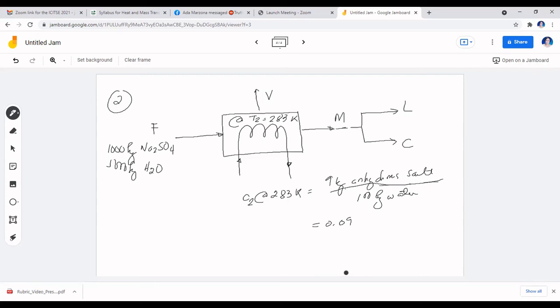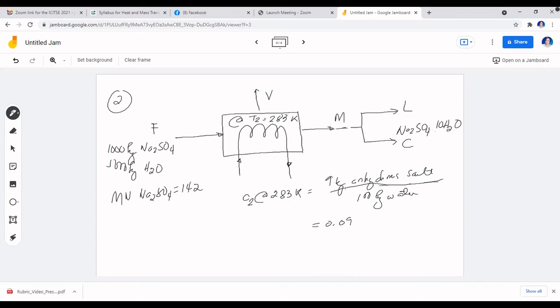It was mentioned that the molecular weight of sodium sulfate is 142. And your crystals here are decahydrate already, deca meaning 10. So the crystals that you have here are in the form sodium sulfate decahydrate.